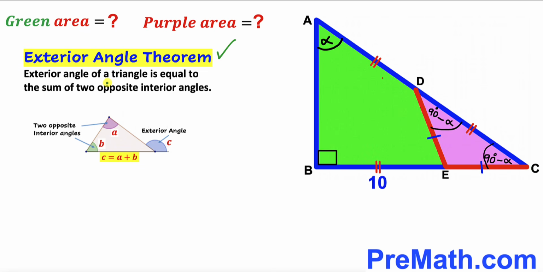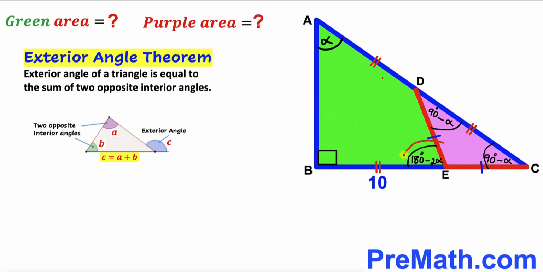According to this theorem, the exterior angle of a triangle is equal to the sum of two opposite interior angles, as you can see in this given diagram. Here we have our exterior angle C, and that is going to be equal to the two opposite interior angles A and B, such that angle C equals the sum of the angles A and B.